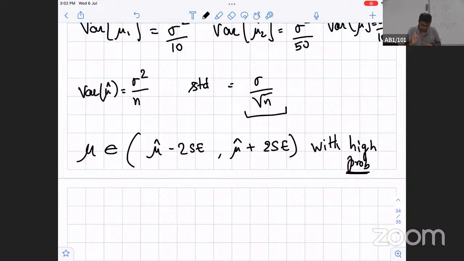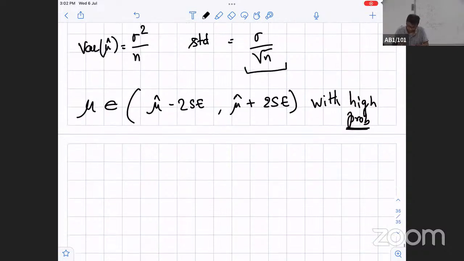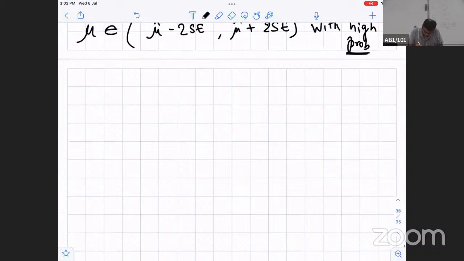So the idea is, if you have multiple samples, multiple estimations, it's always better. Let's try to extend this idea to predictions, to learning problems. But before that, let's talk about bootstrapping.